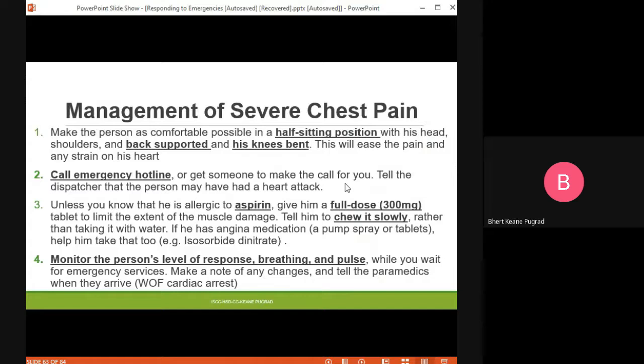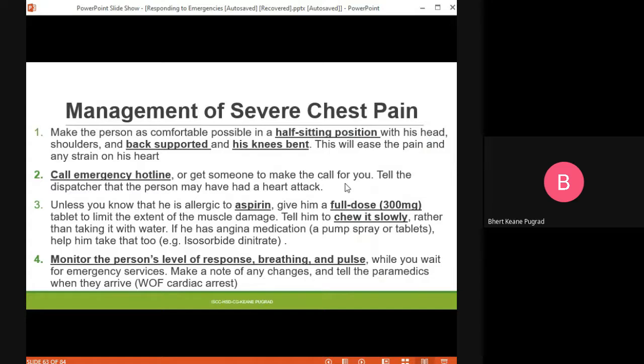Third, if you note that he has a history of angina and already has medication, there are things we can give unless the medication is contraindicated to the patient, no? So unless you know that he is not allergic to aspirin, we could give a full dose of aspirin, 300 milligram tablet, to limit the extent of the muscle damage.